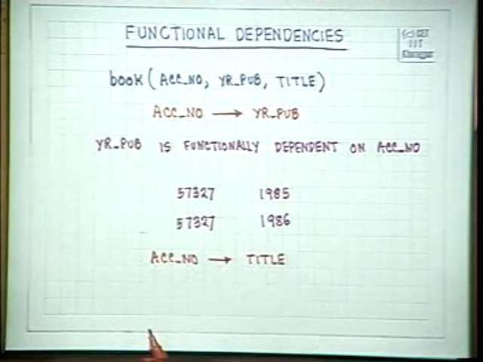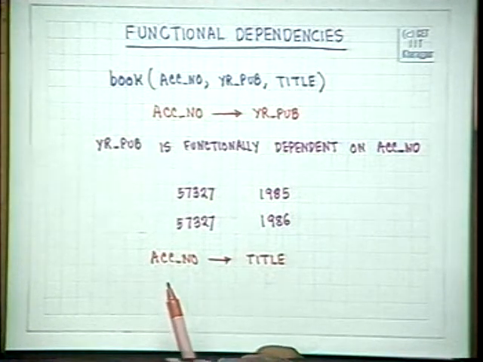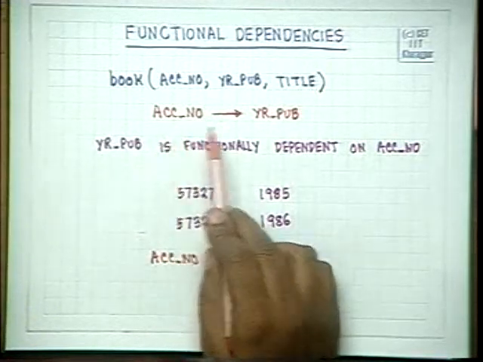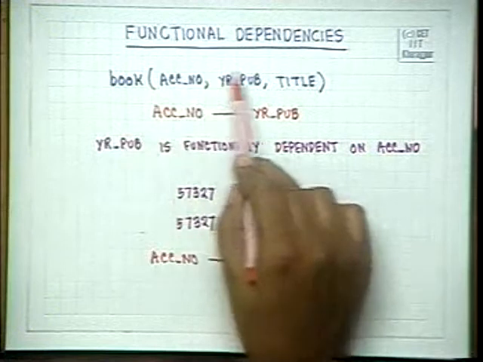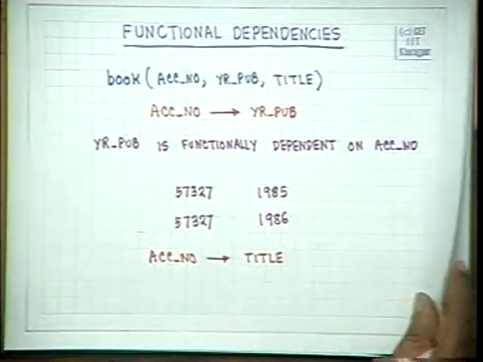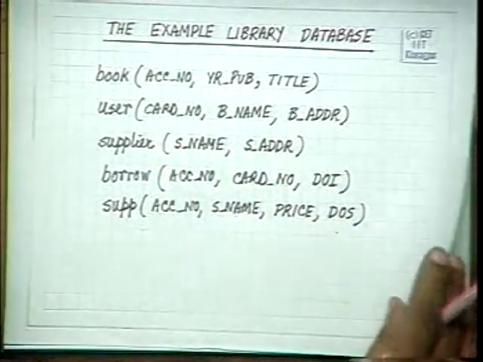Therefore, when we define our super key or primary key relationship, we may do so by writing it out in terms of such functional dependencies. We write out the primary key relationship here. Let us come to the user relationship. Since card number is the primary key, let us list out how we will write down the primary keys in terms of functional dependencies.